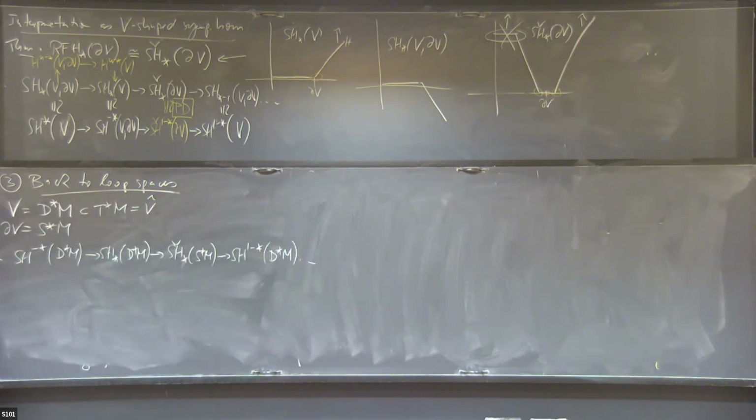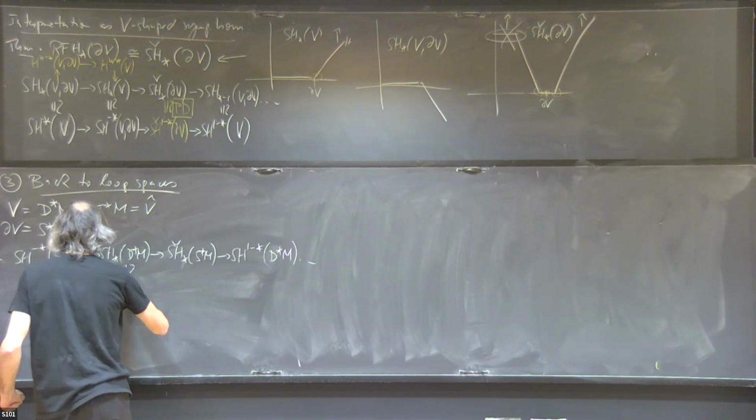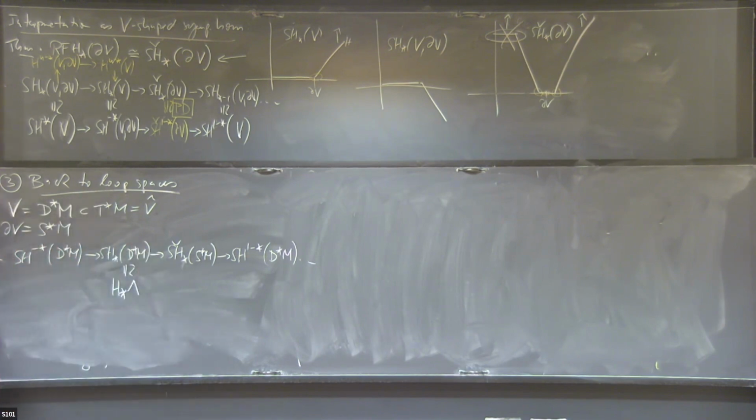In this case, we know this one. Symplectic homology of the unit disk cotangent bundle, this is due to Viterbo and many other people, is equal to the homology of the loop space, where Lambda is the loop space of M, the underlying base manifold. So we know that. The same is true on cohomology then.